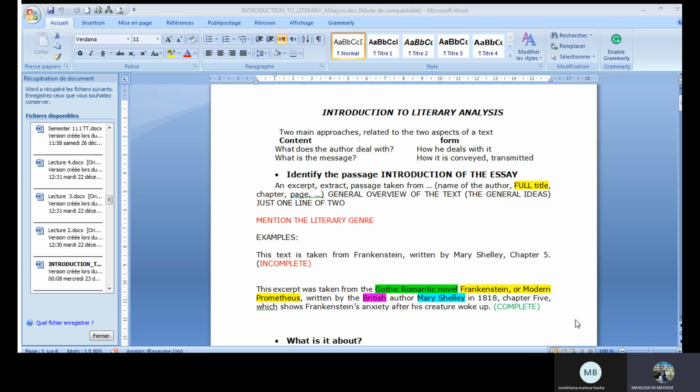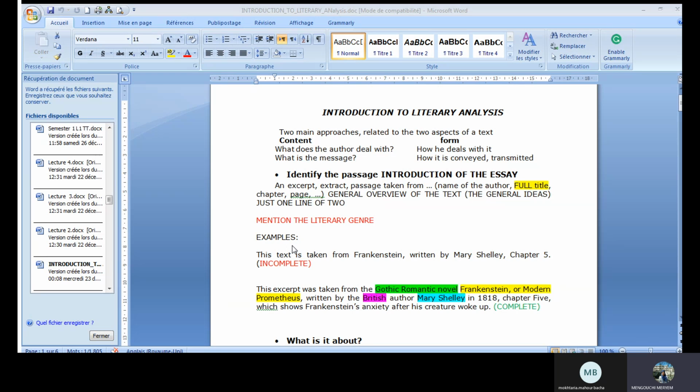You will have to do your own research, finding out everything about the novel, a detailed summary, the main events, the characters, and so on, so that it becomes very easy for you to understand the text in class, and to find out which text it has been taken from during the exam. This is why I said in the beginning we will need your entire collaboration to make this successful.